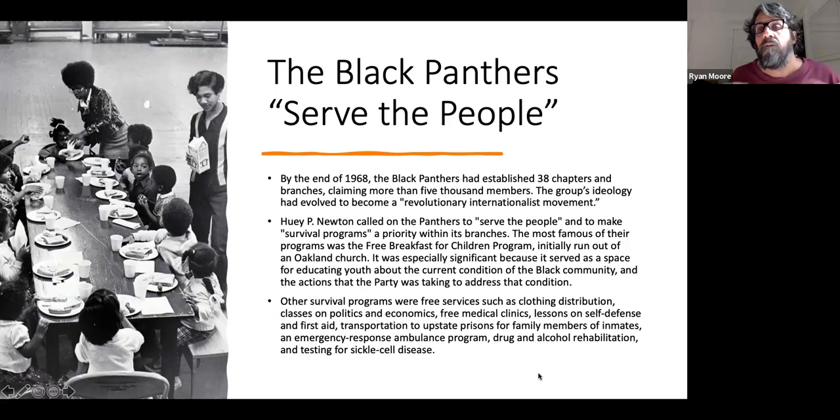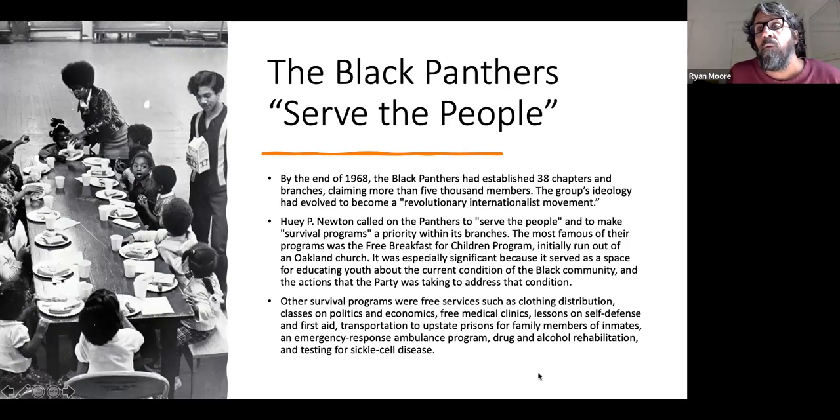So they would feed hundreds of kids who otherwise were very frequently going to school hungry and, therefore, at a disadvantage in their own education.